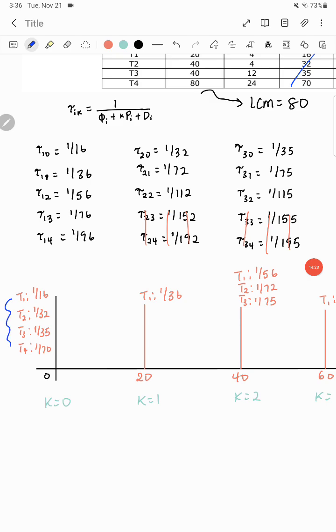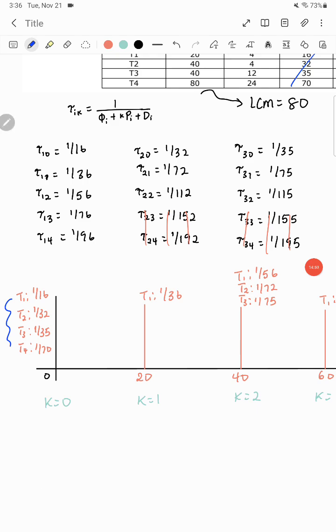Remember, the one with the lowest priority level comes last, right? The higher the number, the higher the priority level. For instance, 1 over 70 is less than 1 over 16. Hence, 1 over 16 has a higher priority level. That's just an easier way of visualizing it.